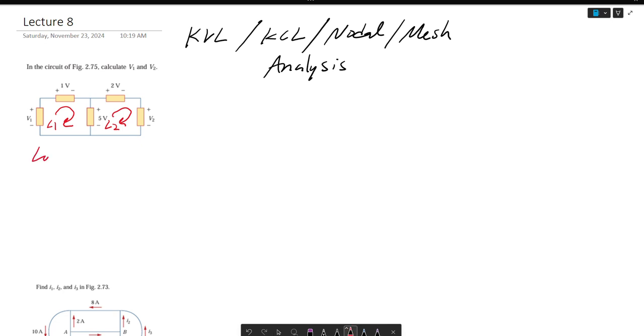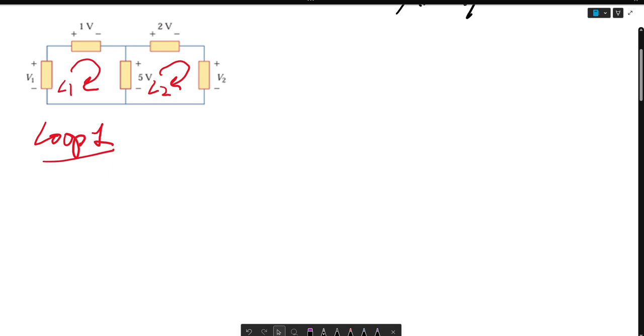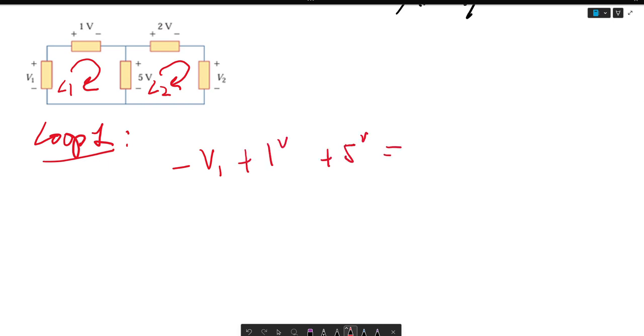So for loop 1, let me zoom in here. I will write an equation as minus V1 plus 1 volt plus 5 volts is equal to 0. The way I get the minuses and pluses in front of my values is from the way the current is entering the voltage source.